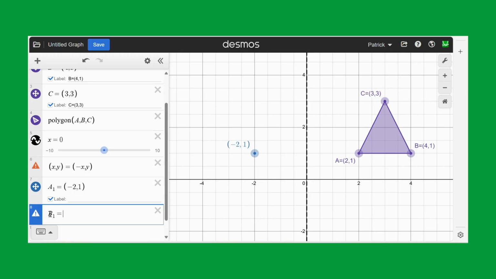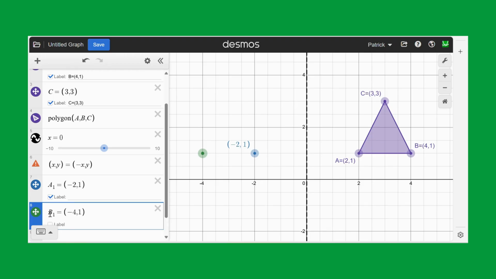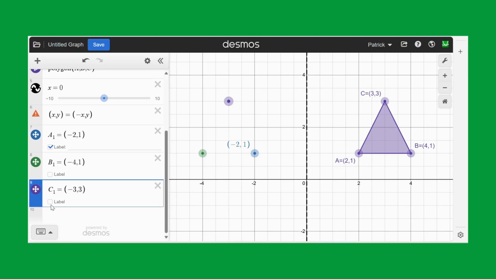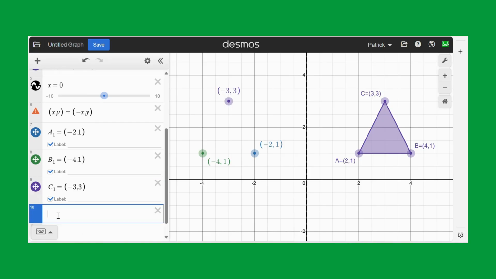Type B_prime equals (-4, 1). Type C_prime equals (-3, 3). Now, to draw the reflected triangle, type polygon(A_prime, B_prime, C_prime) into a new line. What do you observe?